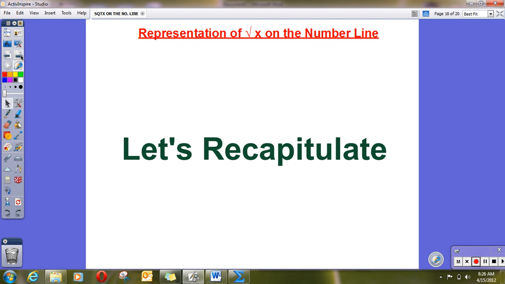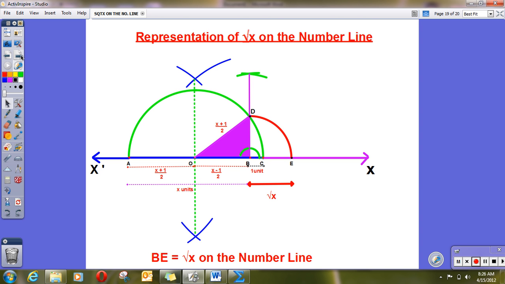Let's once again recapitulate. We started here, AB, x units. We extended this by 1 unit, making AC equal to x plus 1 unit. If AC is x plus 1 unit, then half of it, that is OA, becomes (x plus 1)/2. OA is equal to OD, because they are the radii of the same semicircle, so OD is also equal to (x plus 1)/2.